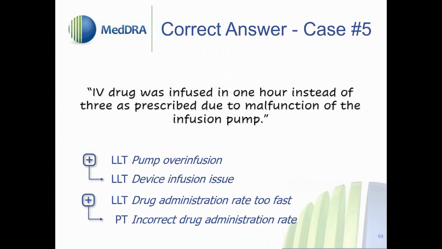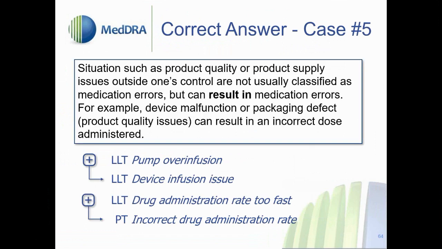The companion document clearly states that situations such as product quality or product supply issues are outside of one's control and therefore usually not classified as medication errors, but they can result in medication errors. The example provided in the document is product quality issues like a device malfunction or packaging defect that result in an incorrect dose administered. So a comparable scenario to our example here.